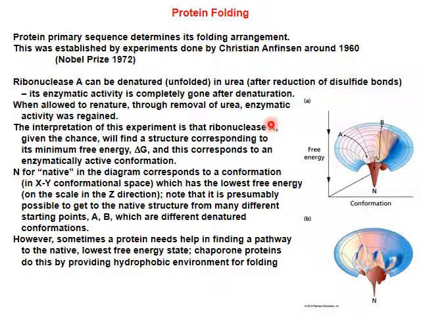One way to assay whether the protein was folded or not was to see if it could do its catalytic activity. And if it could, then you knew it was folded properly. So that's just a quick rundown of the overall experimental approach that was used to understand these protein folding steps and intermediates in the process.